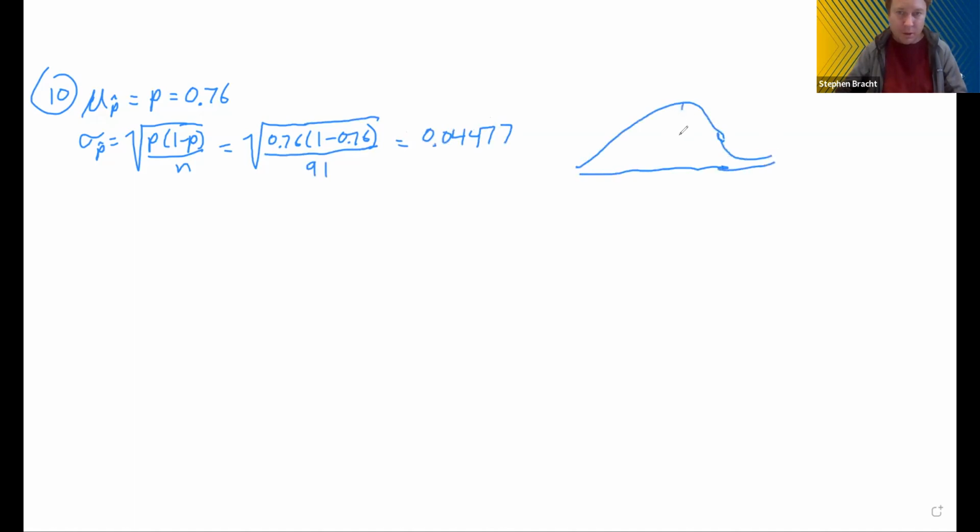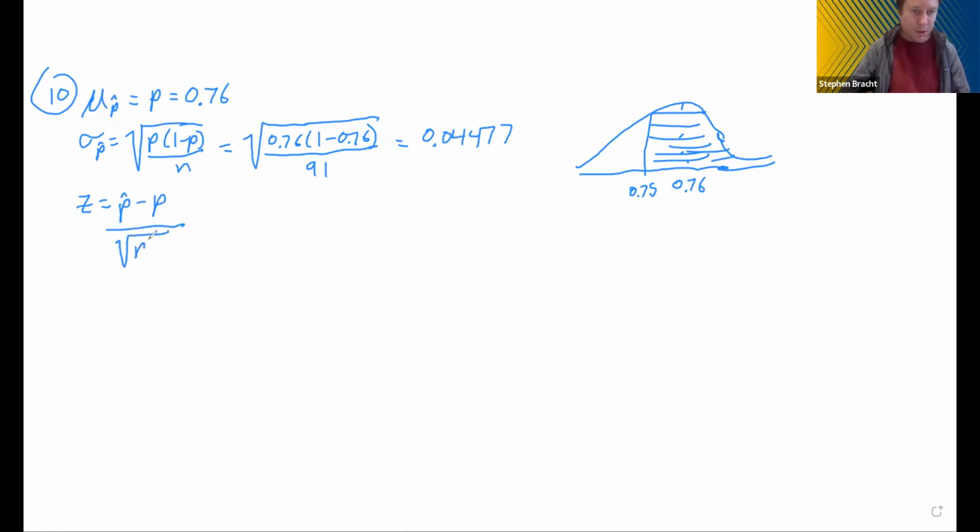And the mean is 0.76. The question said, what's the probability that more than 75% pass inspection? So that's the probability that the sample proportion is greater than 0.75. So that's the area that we're trying to find. The z-score formula I will use looks like this. P hat minus p over the square root of p times 1 minus p over n.